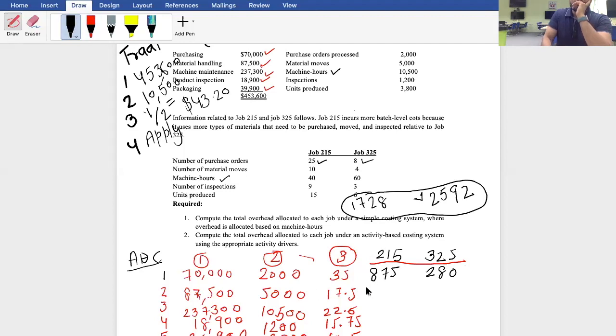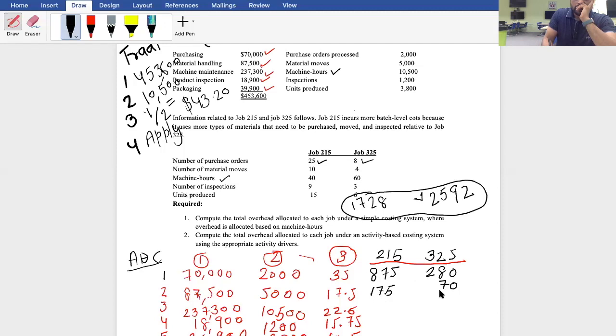Material handling is 17.5 multiplied by 10 for job 215, which is 175. Right? And 17.5 multiplied by 4, which is 70. 70 for job 325.